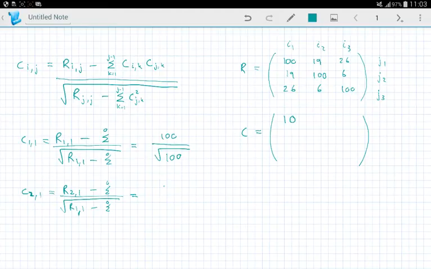R21 is 19 over the square root of 100. This is not giving us 0, which is 1.9. Is that right? I'm not happy with that.